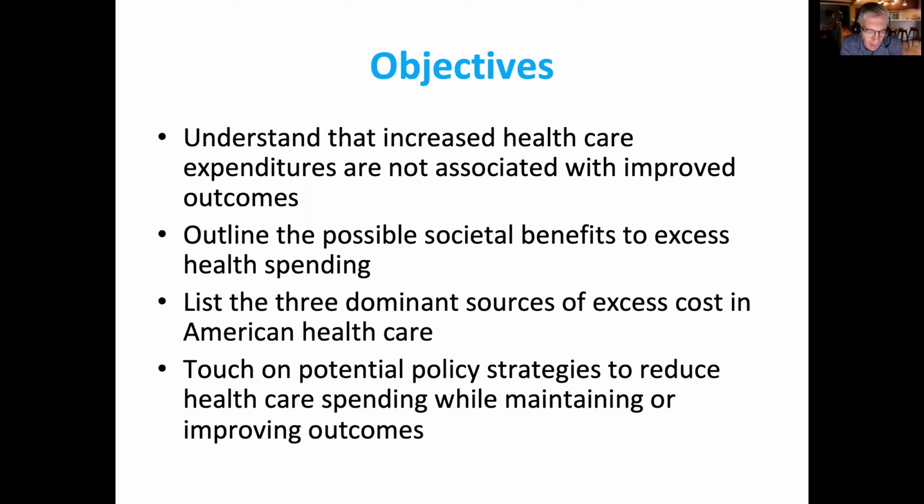And then finally, I want to take kind of a high level 10,000-foot view of a more policy-oriented strategy or a set of strategies to drive down cost in American healthcare. I think you'll get more granular stuff from other speakers, but we'll take a very high, almost governmental level view on what might be done about this.